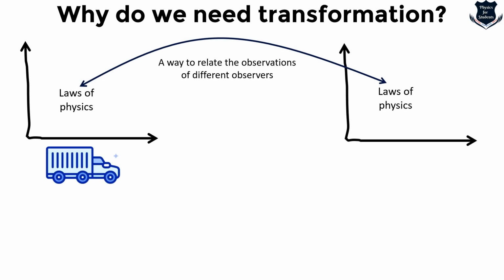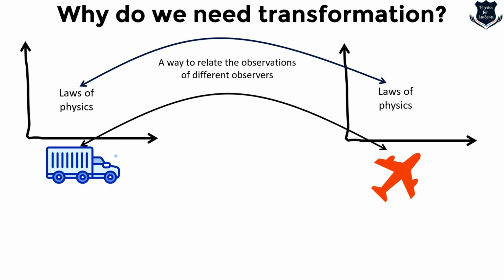The second thing is the transformation between frames of reference. For example, consider the motion of this truck, or a vehicle or airplane or spacecraft. Observers in these vehicles need to describe their own motion, and this description should be consistent with the observation from a stationary observer on Earth.